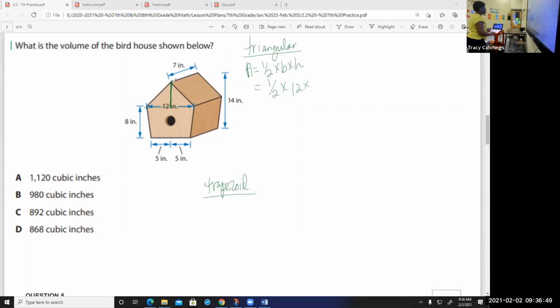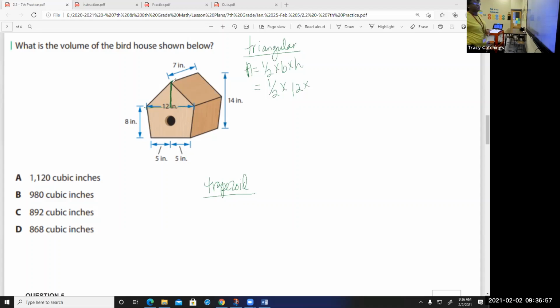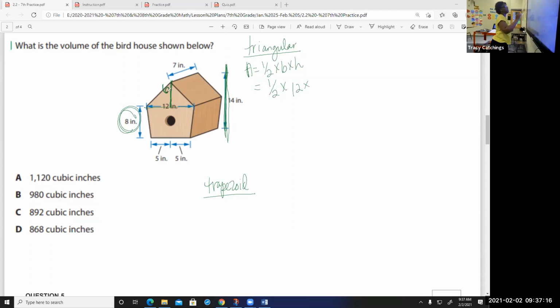All of it's 14. They said this piece at the bottom is 8, so I asked myself, 8 plus what is 14? 6. Yes. Remember, we are 7th graders. They're not going to tell you, okay, you're going to have to break it apart. 12 times 6? 72.